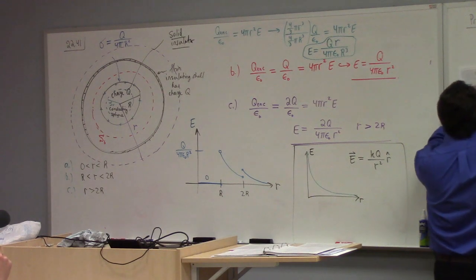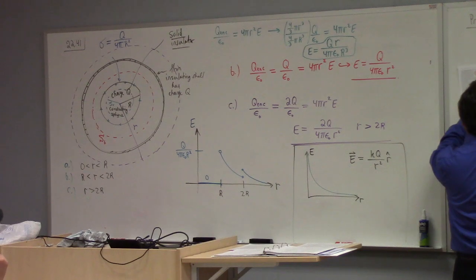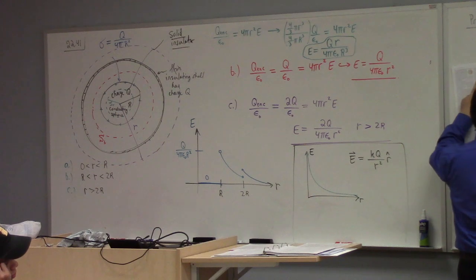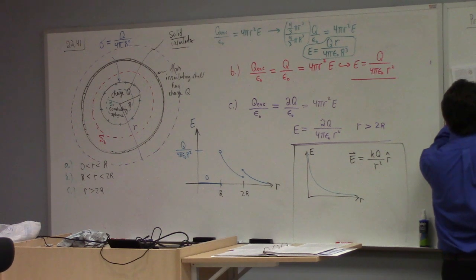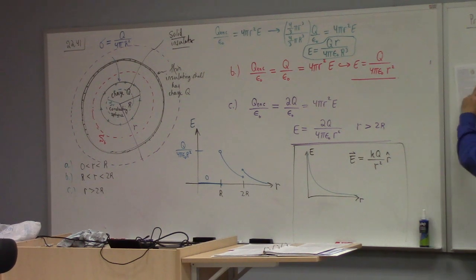And so here it is. It's an insulating hollow sphere of inner radius A and outer radius B. Within the insulating material, the volume charge density is given by rho equal to alpha over r, where alpha is a positive constant.